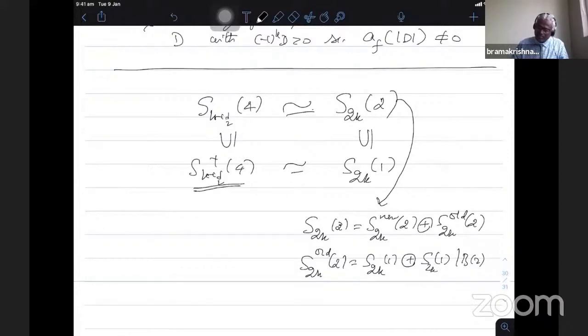Therefore, I have the level 1 forms, their duplication, and the orthogonal complement. This will be the orthogonal complement with respect to the Petersson scalar product, where we have the newforms of level 2.